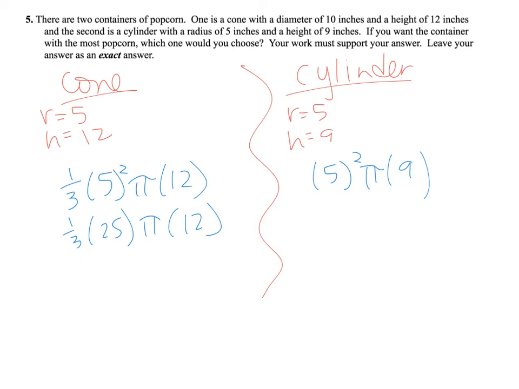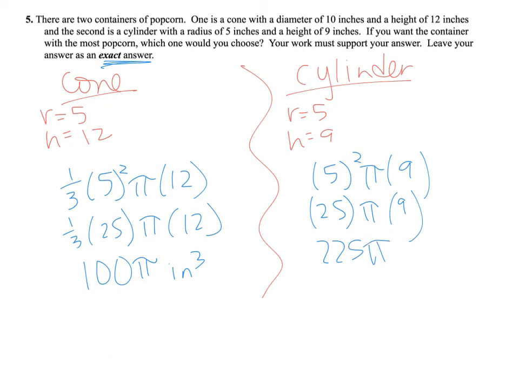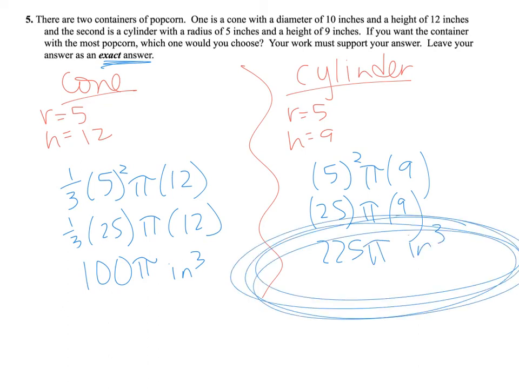So we're just going to do 25 times 12 divided by 3, and we end up with 100. I didn't pay attention. Exact answer. So 100 pi inches cubed. And for cylinder, it's going to be 25 pi times 9. So 25 times 9 is 225 pi inches cubed. So obviously you would want the cylinder because you get more popcorn.